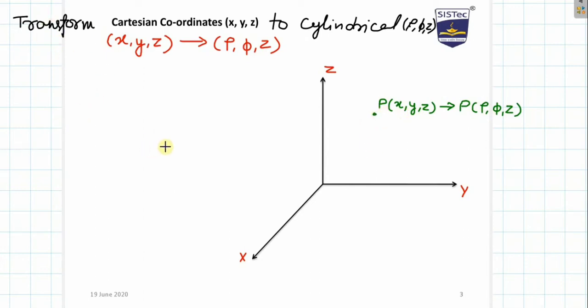Okay, so for resolution, let this vector represent your rho and we are resolving this into x resolution and y resolution.